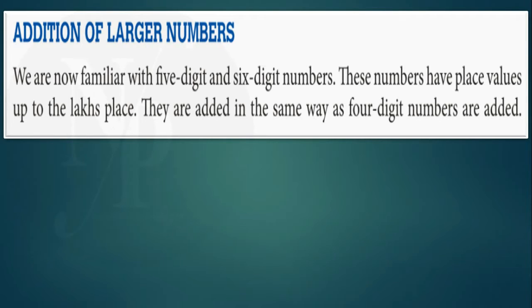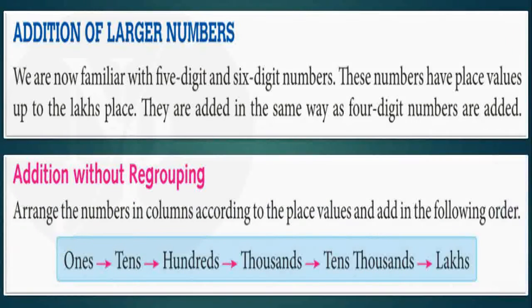That means the way of adding large numbers is the same as the way of adding single digit, 2 digit, 3 digit or 4 digit numbers. Addition without regrouping.